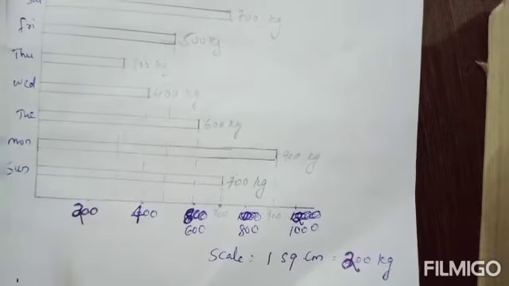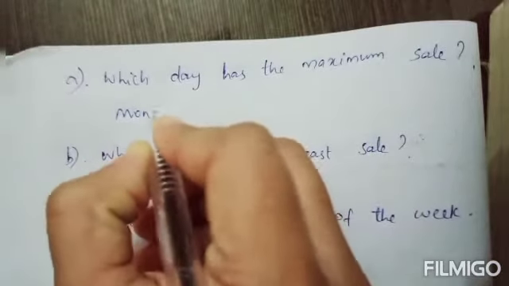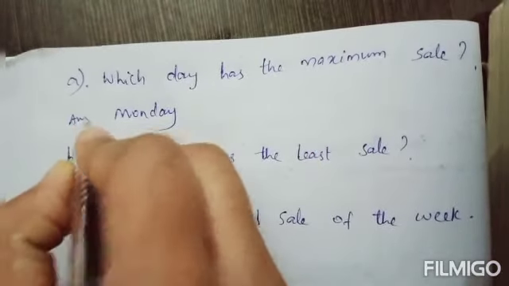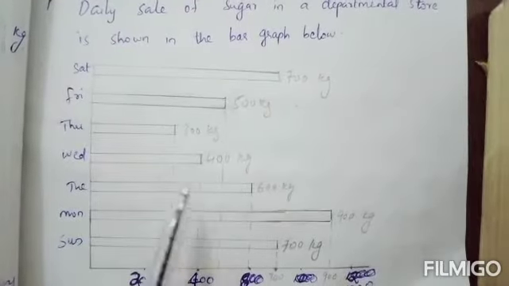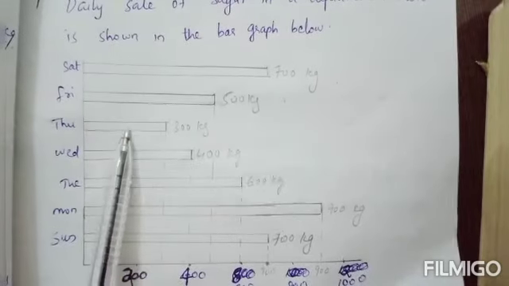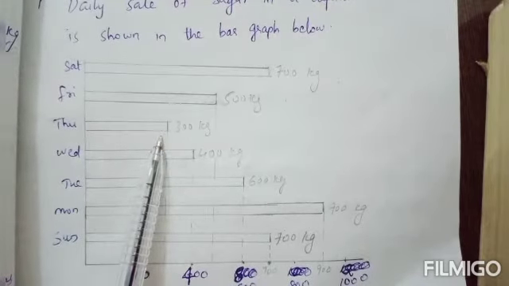So the answer is Monday. Second: which day has the least sale? You can see in the bar graph the least sale is on Thursday, 300 kilogram. So you can write the answer Thursday.